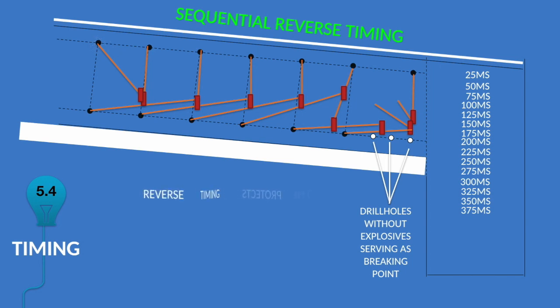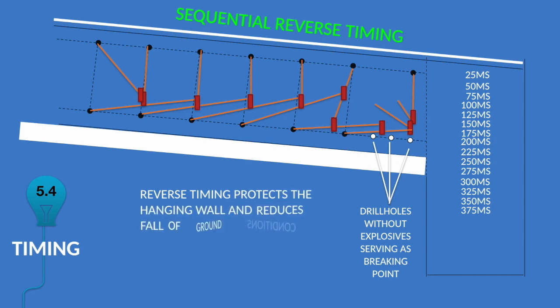Reverse timing protects the hanging wall and reduces fall of ground conditions.